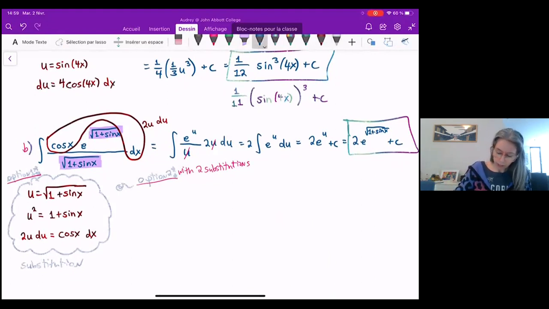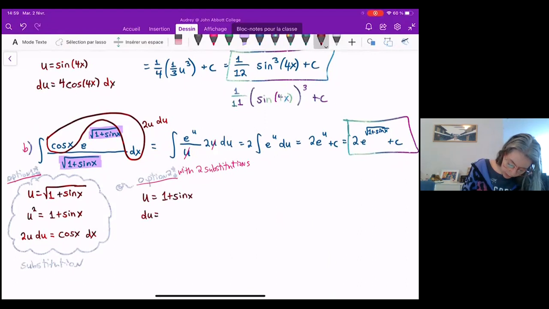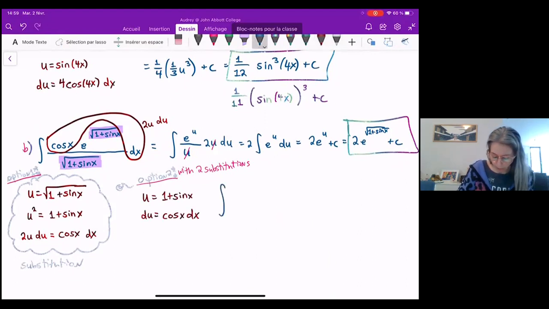So here I will let my u equal to just 1 plus sine x, and then du is equal to cosine x dx. I'm going to rewrite the problem. Cosine x e to the square root of 1 plus sine x over the square root of 1 plus sine x dx.